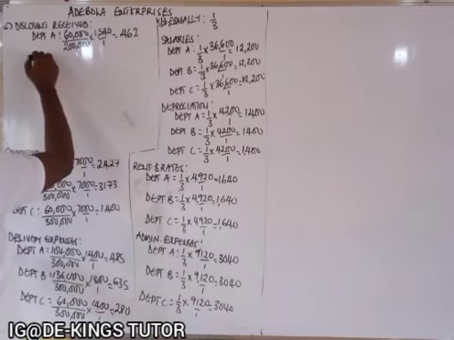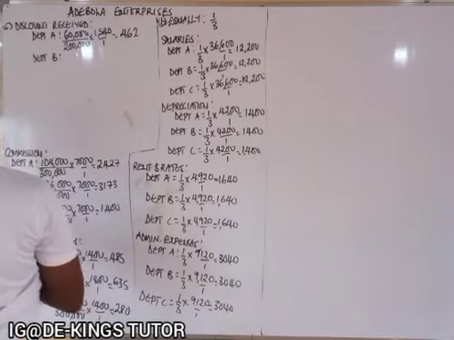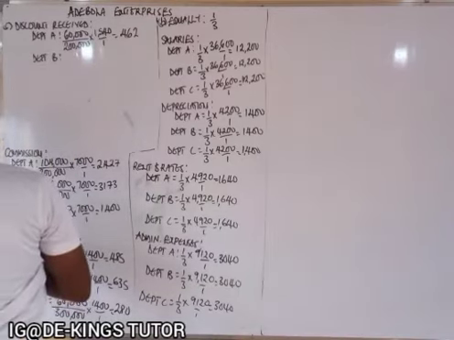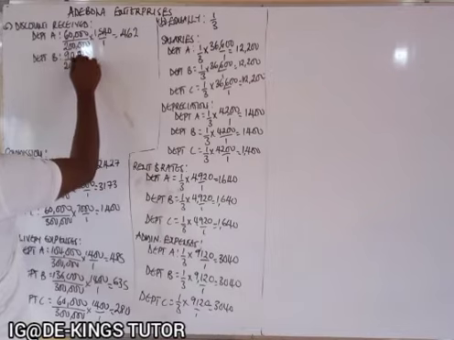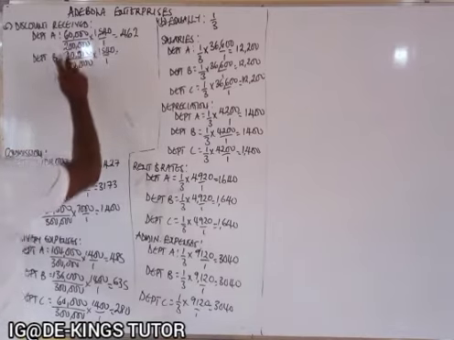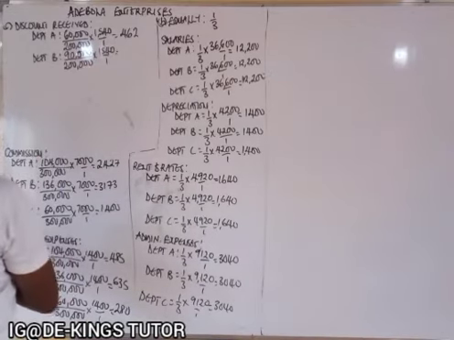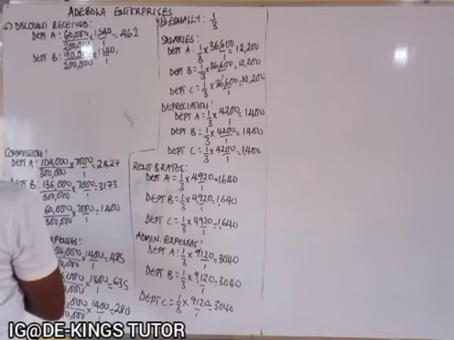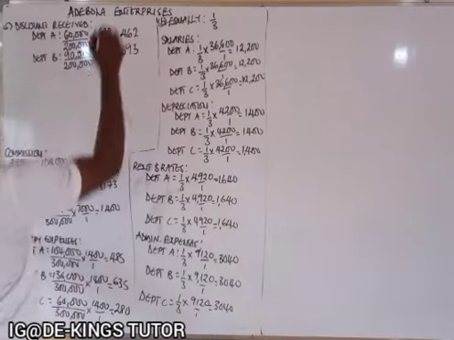As for Department A, the next one is Department B. For the purchases, if you check there, Department B is 90,000 divided by the total, which is 200,000, times 1,540, the amount for discount received. So 90,000 divided by 200,000 times 1,540, we have 693.